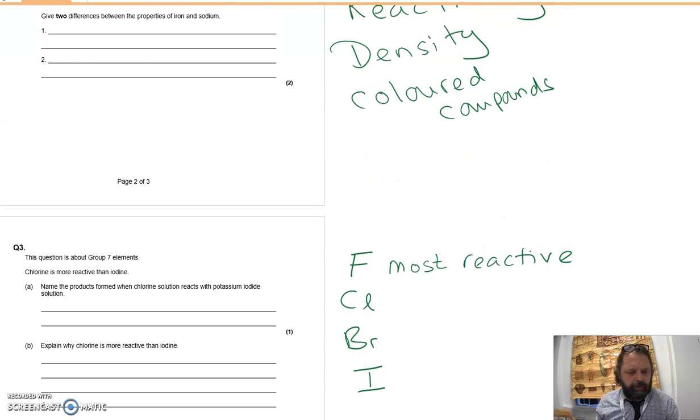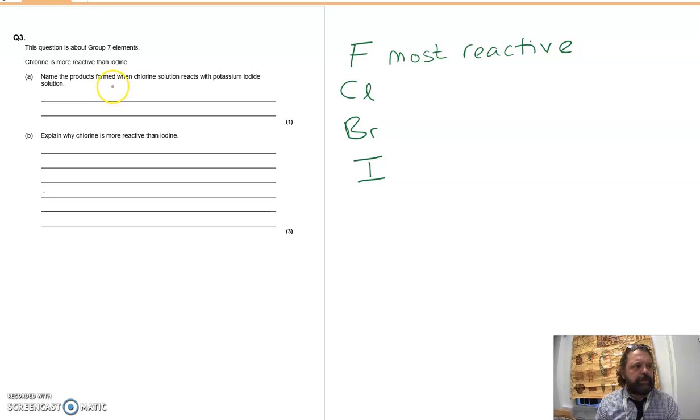So we're looking at the question here. We're saying chlorine on its own is reacting with a compound, potassium iodide. The question is, can chlorine push the iodine out of the way? Chlorine is above iodine in group 7, and so we know that chlorine is more reactive than iodine.